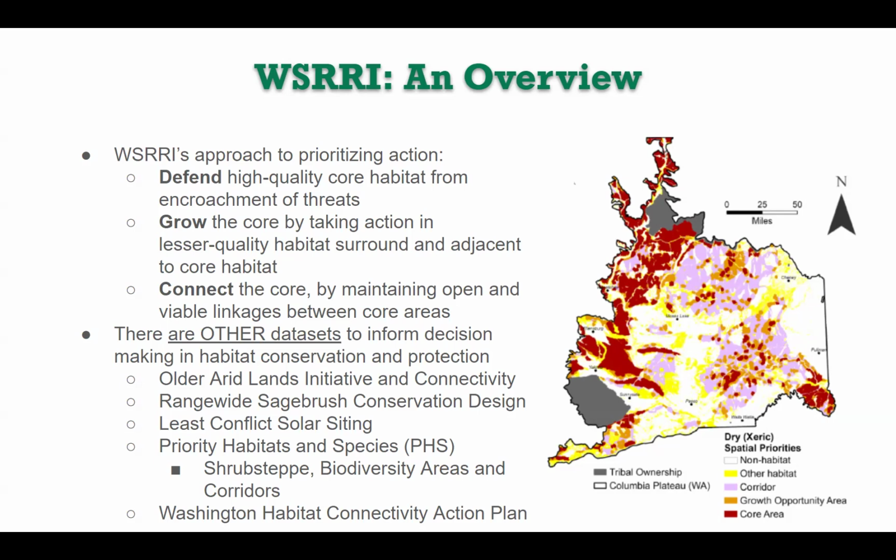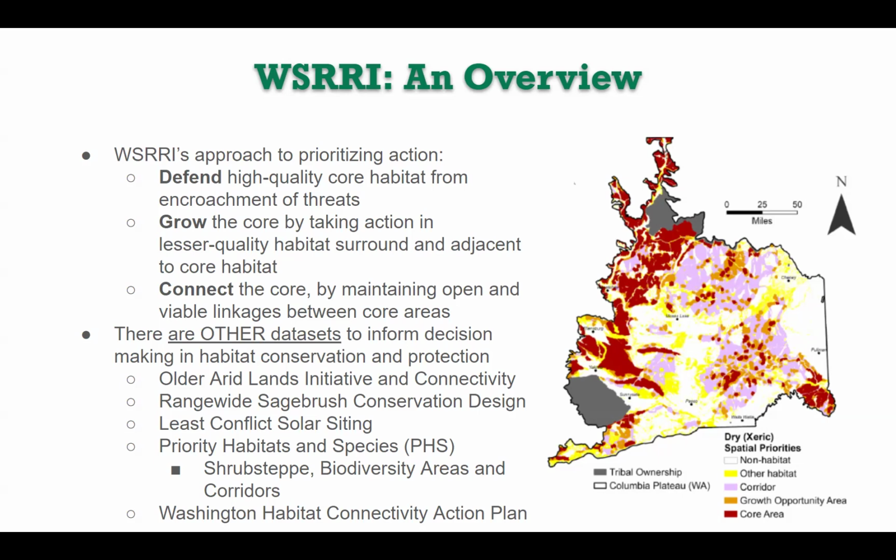In addition, not yet available but coming, is the Washington Habitat Connectivity Action Plan. That's a planning process that is in process now, and that action plan will integrate the information that WSRRI developed as part of an amalgam of different spatial products that reflect connectivity and important areas.